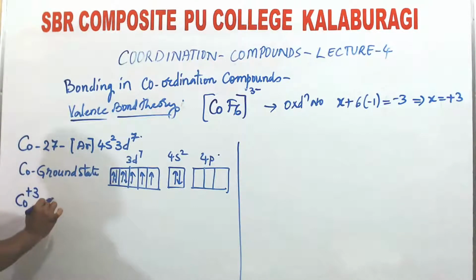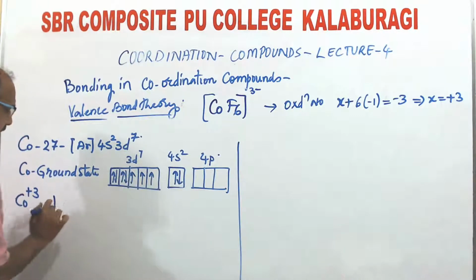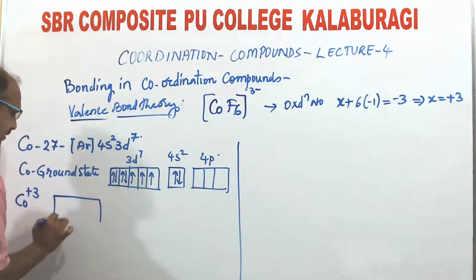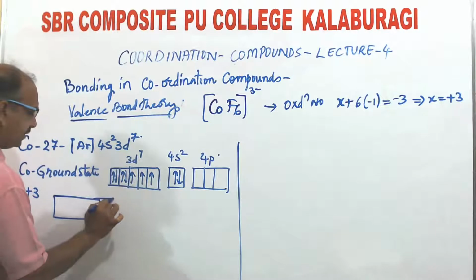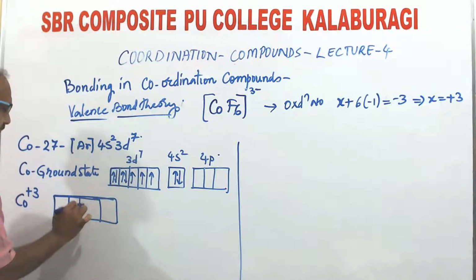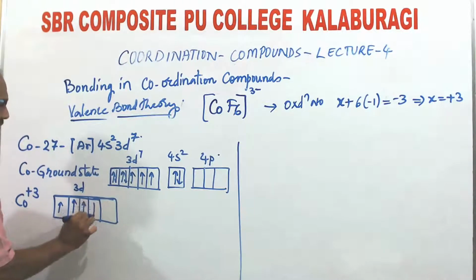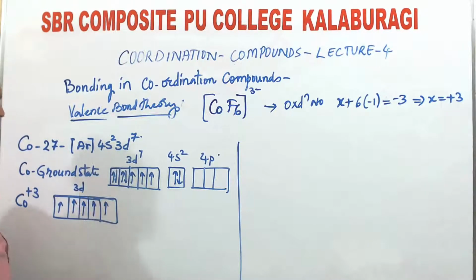At that time what is the configuration? 3 electrons means 2 here and 1 here. So then you have the 5 electrons. This is 3d level, 1, 2, 3, 4, 5.